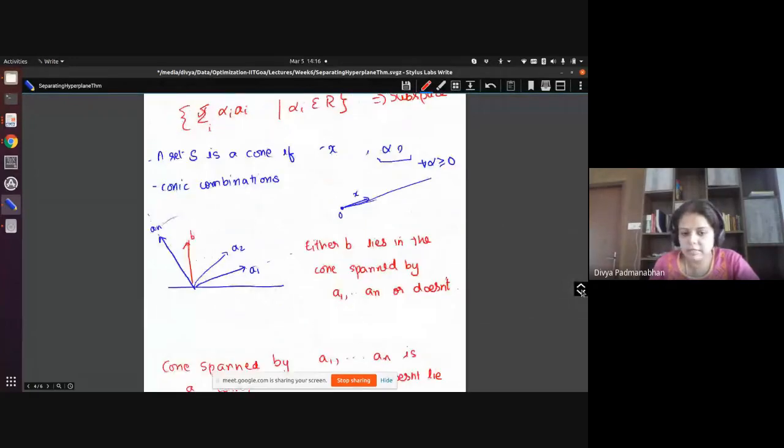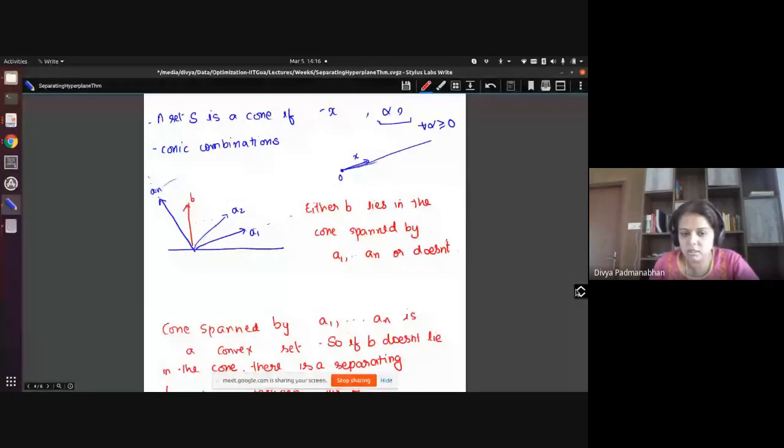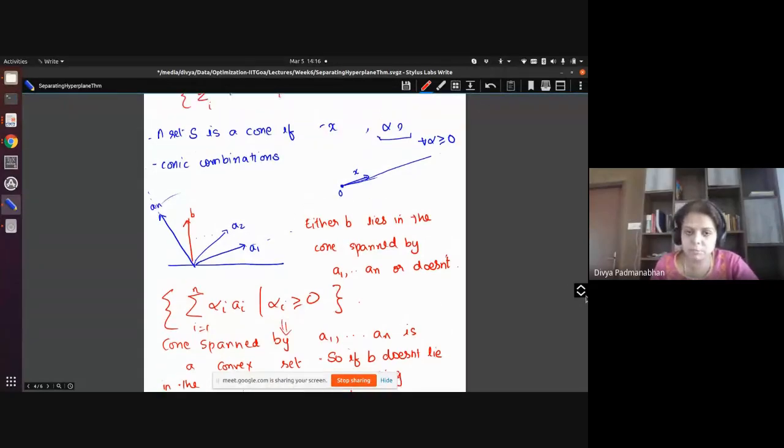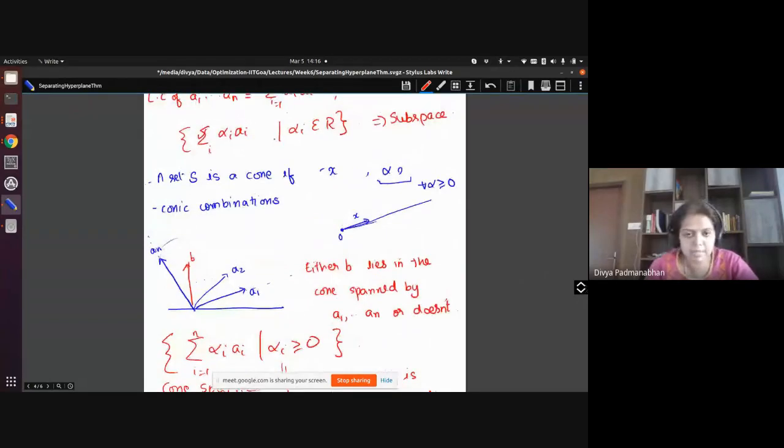Basically everything of this form, the sum of alpha_i a_i such that alpha_i is greater than or equal to 0, is what is called a cone spanned by a1 to an. The difference is, if you look at the subspace spanned by a1 to an, you would also have some things here.